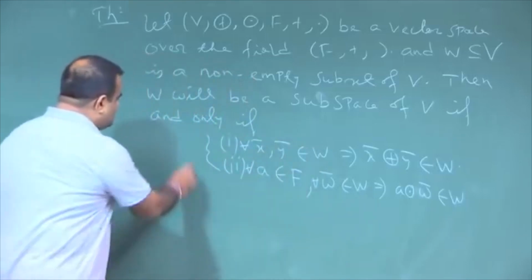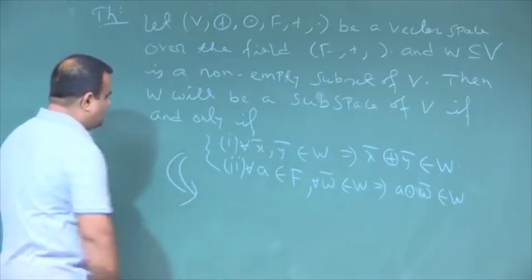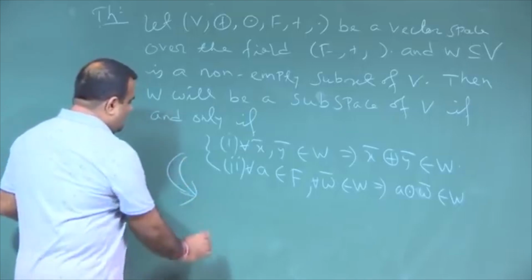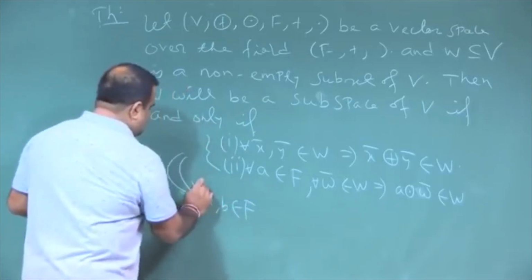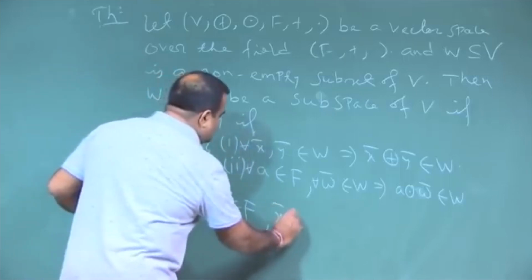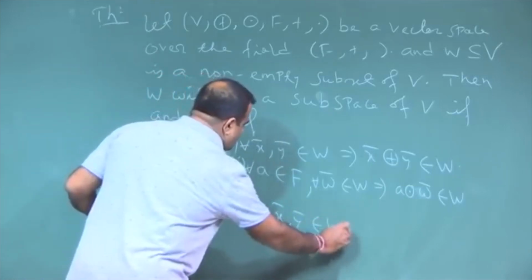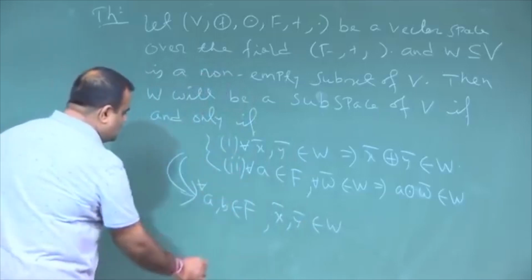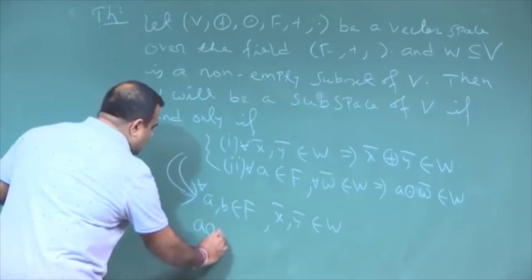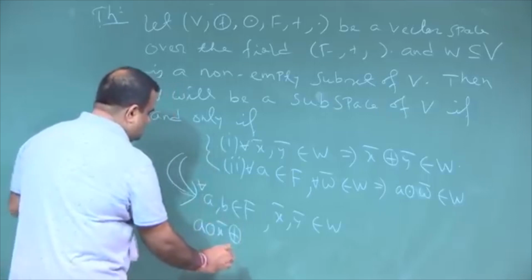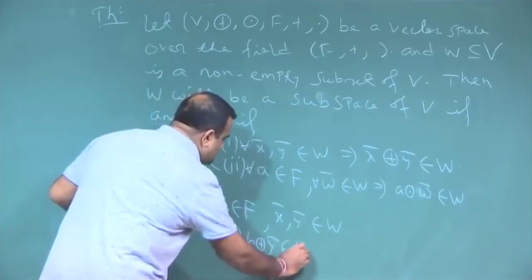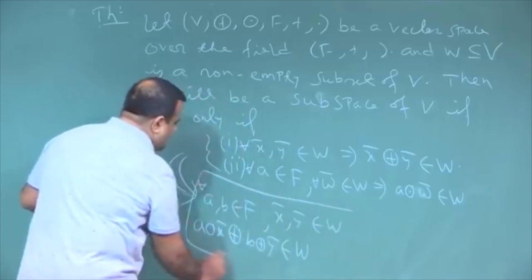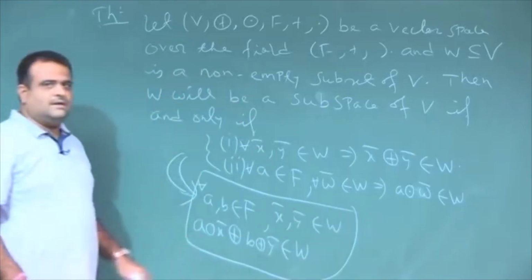Now, we can combine these two conditions into a single condition. If we take a, b for all a, b belonging to F, and for all x, y belonging to W, then these two conditions give us a x bar plus b y bar must belong to W, and this is true for all x, y.